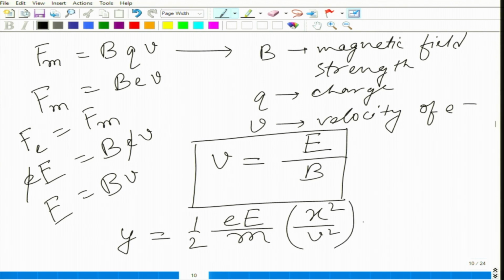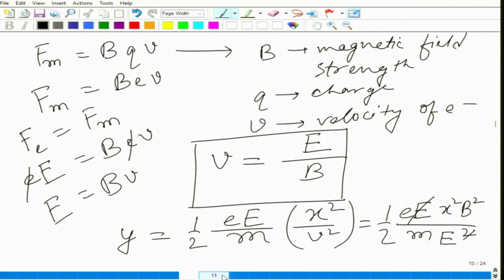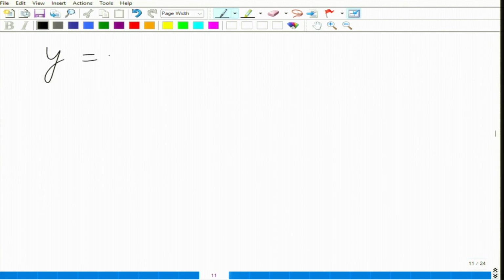So what we get after putting the value of v here: one e is cancelled. That leaves the value of y as half of x square B square by m. Sorry, there is one e. So we get this ratio e by m.